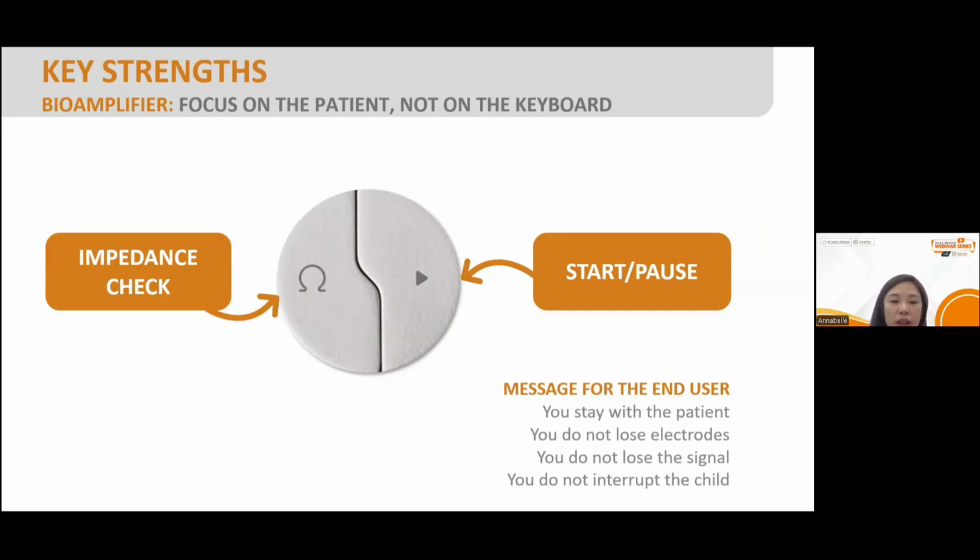It doesn't work like this. After you check the impedance, you can go back to the test and continue, so as to save your time. Okay. And you do not have to interrupt the child because there's a button already on the power amplifier. You can focus more on the patient or maybe the parents, not on the keyboard.